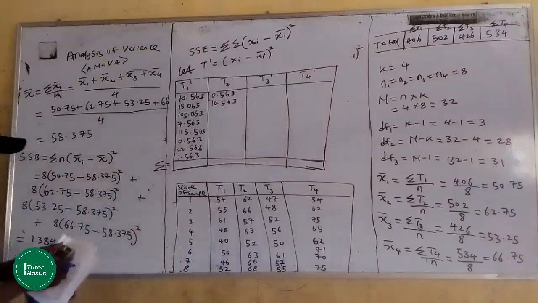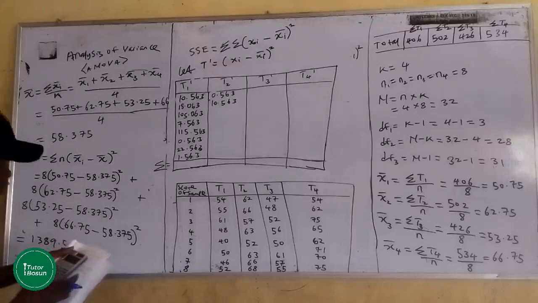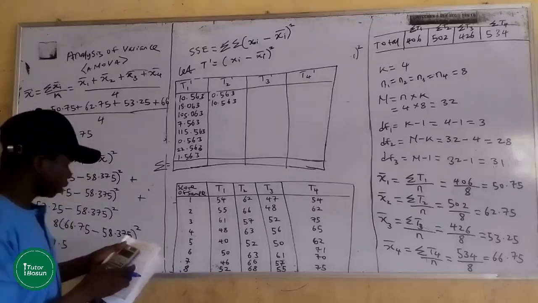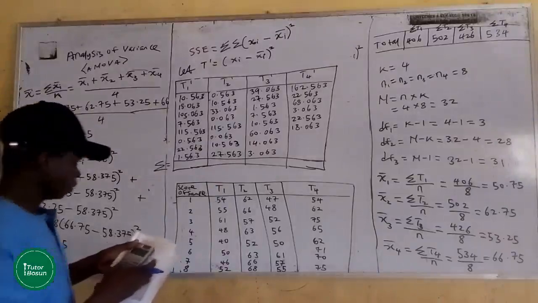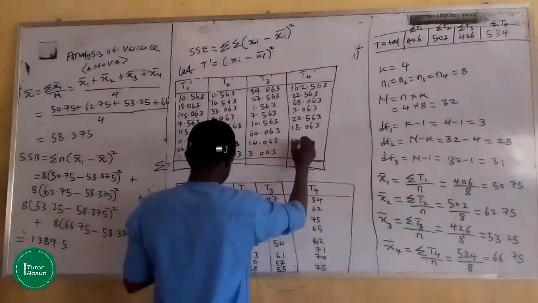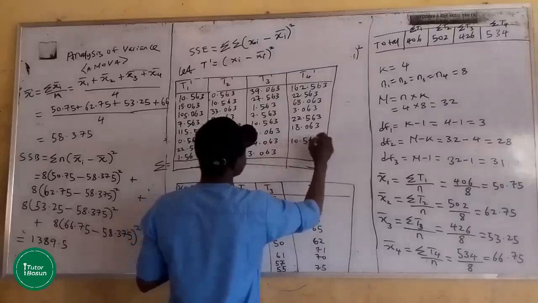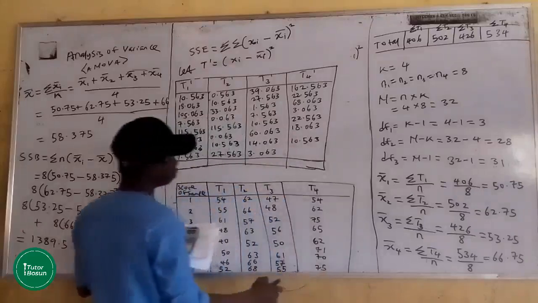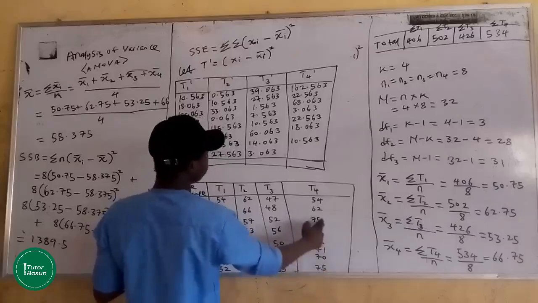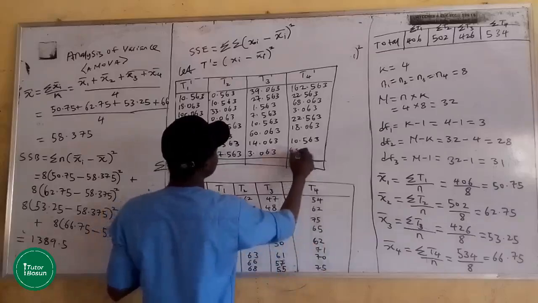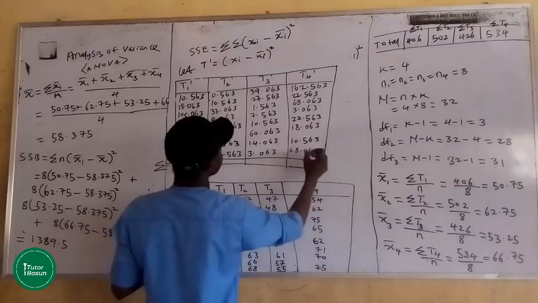The next one is 57 minus 62.75 all squared, giving us 10.563. And the last one, 75, is repeated. We've done that before, which will be giving us 68.063.